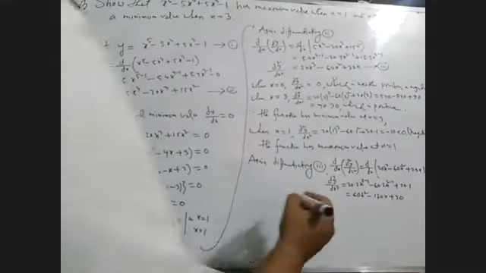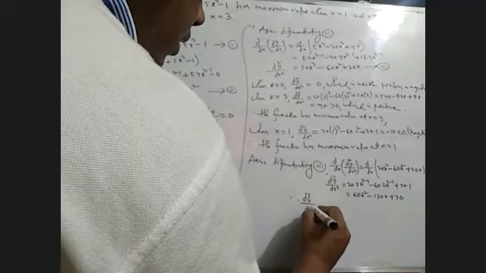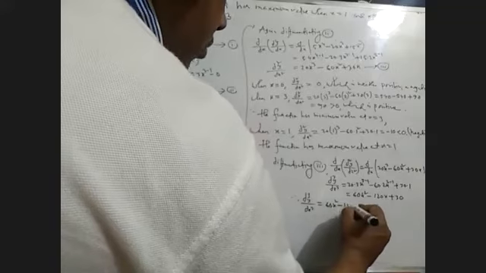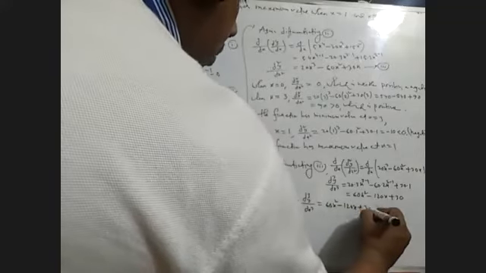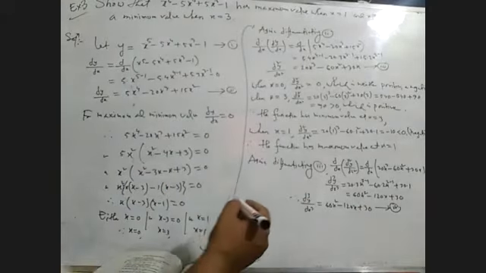So d cube y by dx cube equals 60x square minus 120x plus 30. This is equation number 4, an extra equation.